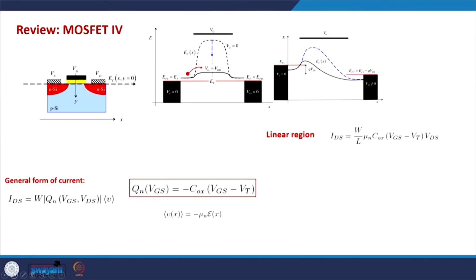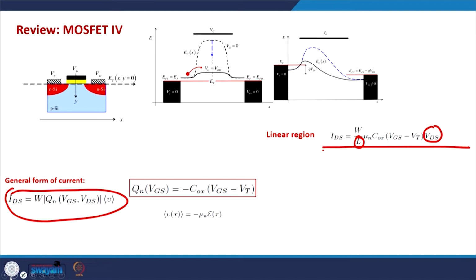In the linear regime this electric field is VDS by L, and that is why the current can be given by this expression, starting from the previous one. We also saw that saturation can happen, first because of velocity saturation, and second because of pinch off.